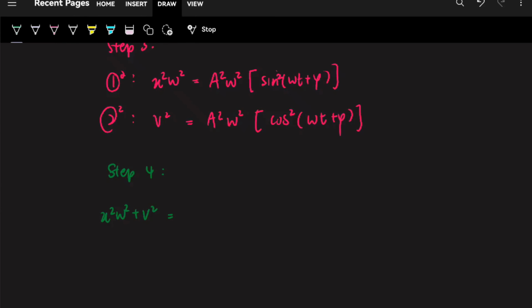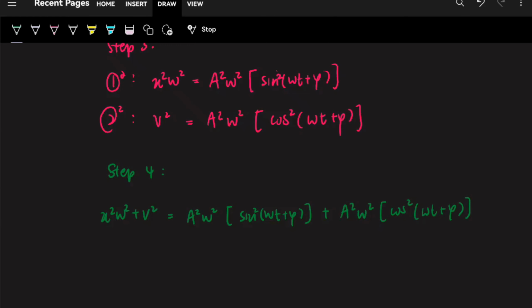Sorry for that. Now, coming back, you add the right hand side, we're going to get a squared omega squared sine squared omega t plus phi plus a squared omega squared cos squared omega t plus phi.